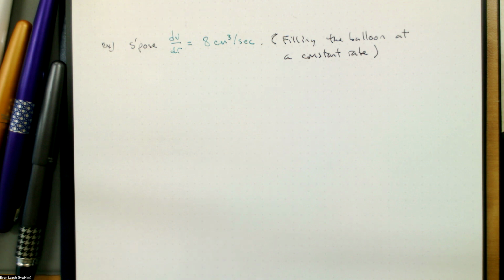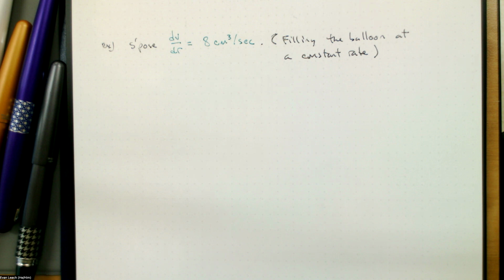Because you can't. So we're filling a balloon at a constant rate. I like to do it this way because I can imagine a machine that can put out a lot of pressure so that the balloon is not significantly pushing back on the machine, right? If we're blowing it up with our lungs, at a certain point the balloon pushes back with more pressure, and it starts becoming more difficult.